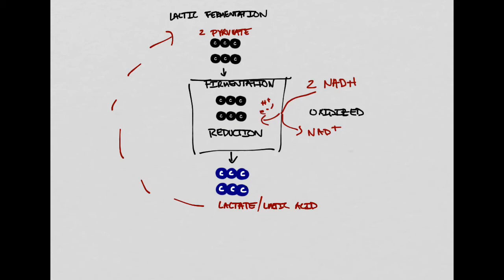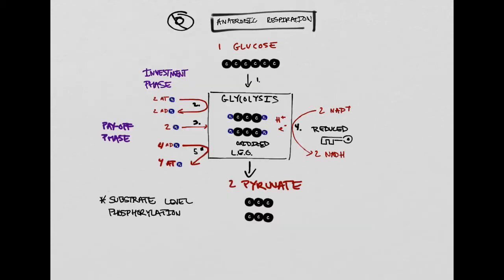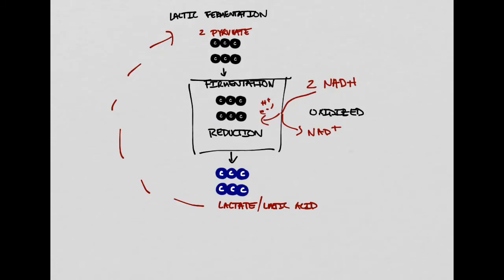So lactic acid is sent to the liver, metabolized, and turned back into pyruvate, and then stored for a time when the body is not in oxygen debt, so oxygen is plentiful, and then we can stick this pyruvate back into the aerobic pathway, which, as you will see, will produce more ATP for the body. But under these conditions, making 2 ATP per 1 glucose is the best we can do. Okay, so this is lactic fermentation.